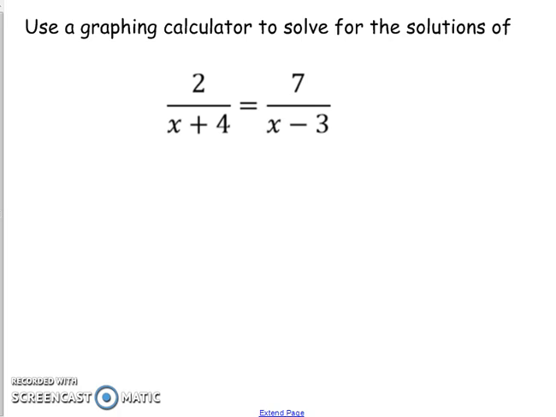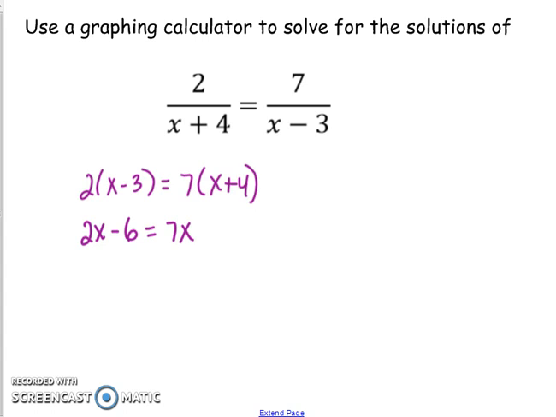Okay, and then this last one again, let's check it with regular math. So we can cross multiply. We're going to get 2 times x minus 3 equals 7 times x plus 4. We're going to distribute, so 2x minus 6 equals 7x plus 28.